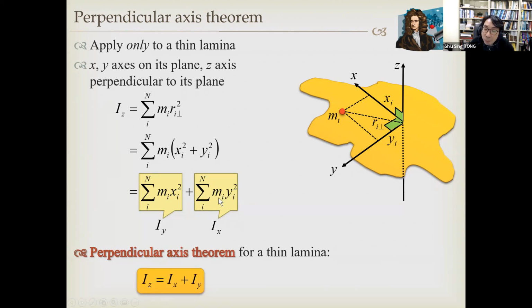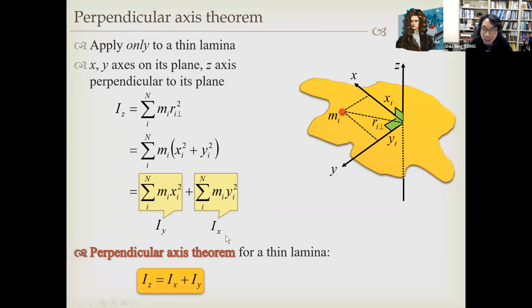So if I form a summation of all the mi yi squared of the object, I will arrive at the moment of inertia about the x-axis. So you see the labels x and y actually reverse. Summation m x squared gives you the Iy, while summation m y squared gives you the Ix.